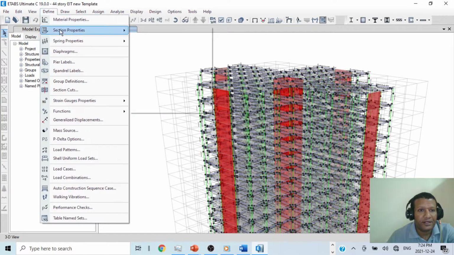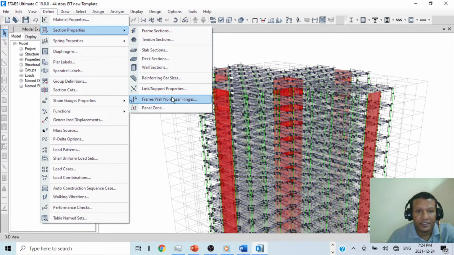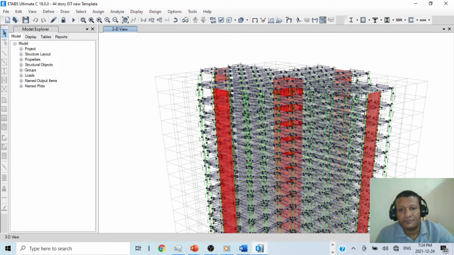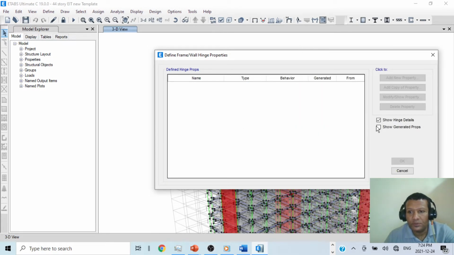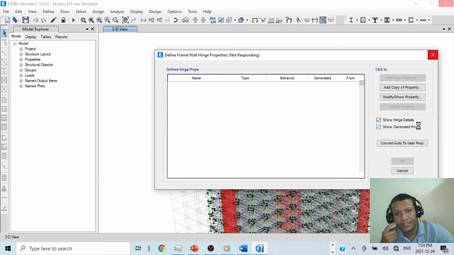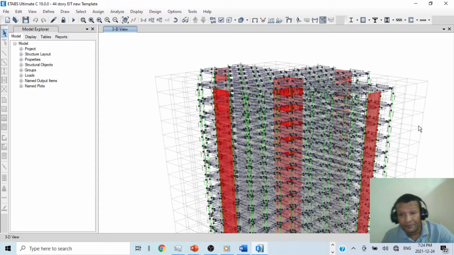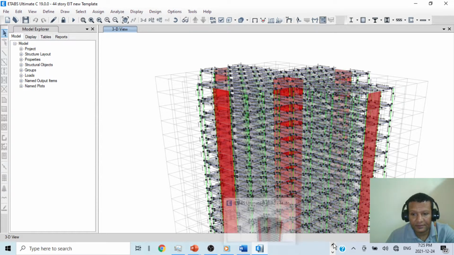For example, define, here frame. If I say show hinge details and show generated hinges, it will show us the whole hinges.